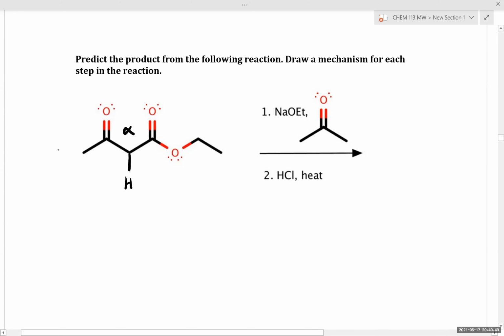Okay, so with that in mind, let's take what we've learned and apply each of the steps we've learned for the aldol reaction and dehydration. Let's draw up the full mechanism for this reaction and predict the products.